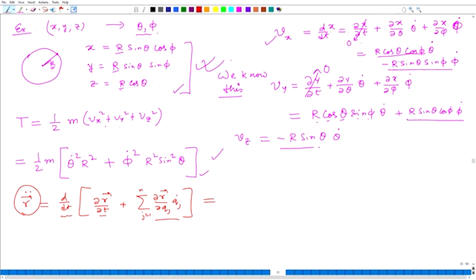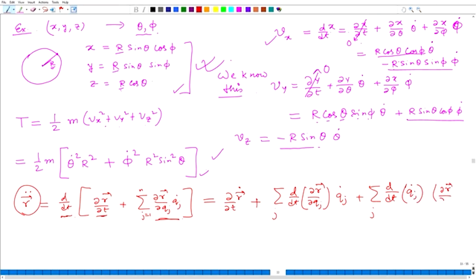So, first you will just see that this del t and this one, they can commute, okay. So, it will just give you del t of r dot, okay. But when these act on these two things, then you will have summation over j, first d dt acts on del r del q j, times q j dot, plus summation over j, d dt of q j dot times del r del q j.